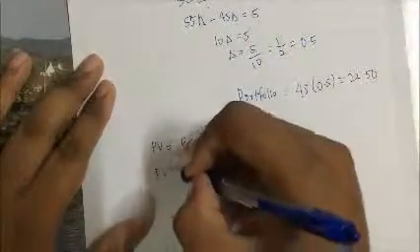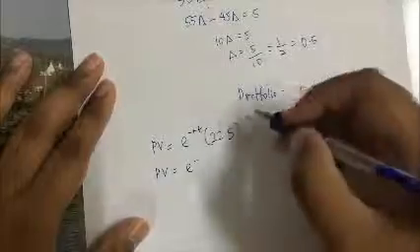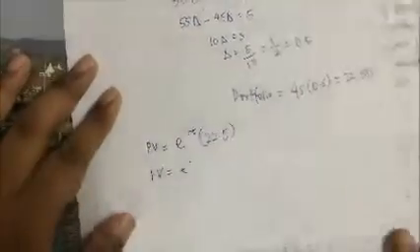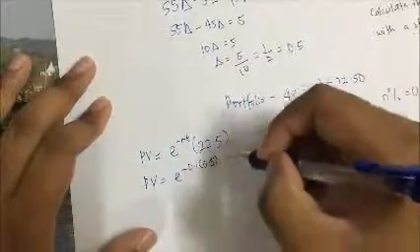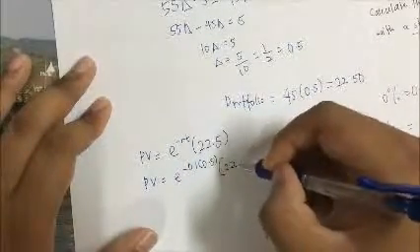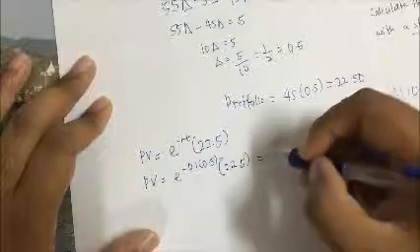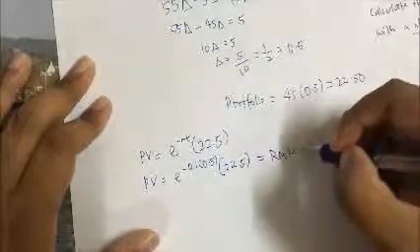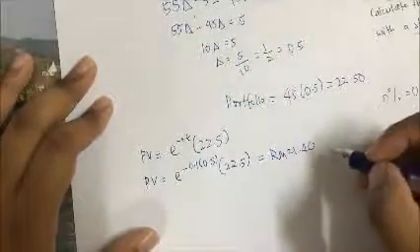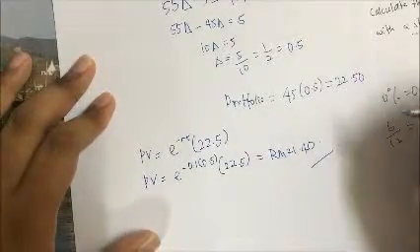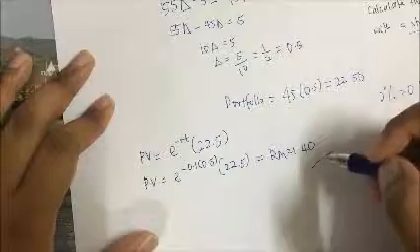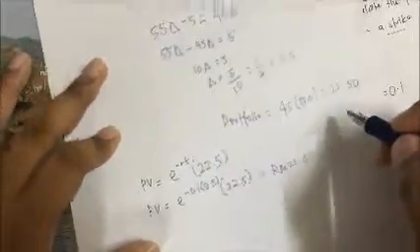So the PV now is e to the power of minus r, which is 0.1 times 0.5, times the 22.5. That would be 21 ringgit and 40 cents. So the present value of our riskless portfolio would be 21.40.